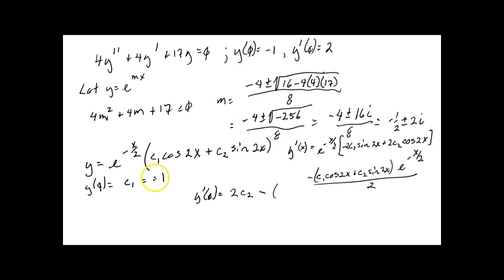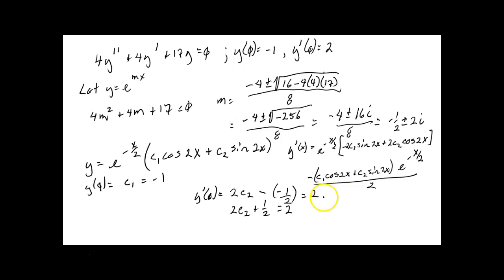Now C1 is a minus 1, right? So let's just go and put minus 1, right? Plus 0, and that's 1 over 2, right? So I think, and that's equal to 2. So I think what we've got is 2C2 plus 1/2 is equal to 2, if I'm understanding it right.